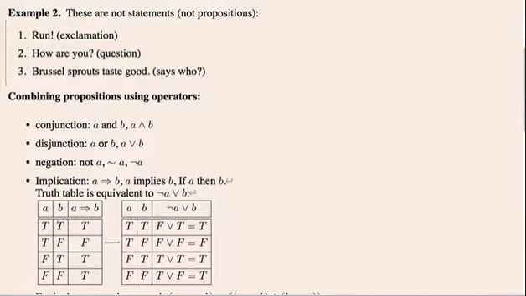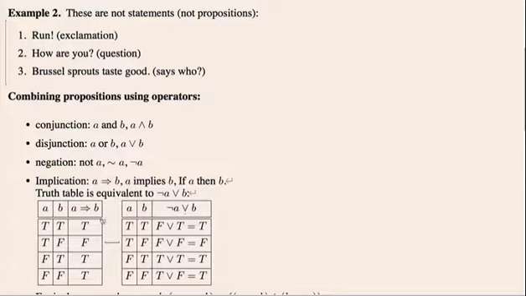So we have altogether 4 possibilities: true, true, true, false, false, true, false, false. And then A implies B is only false when A is true and B is false. But for example, if A is false, then it doesn't matter whether B is true or false. In both cases, the implication will be considered true.